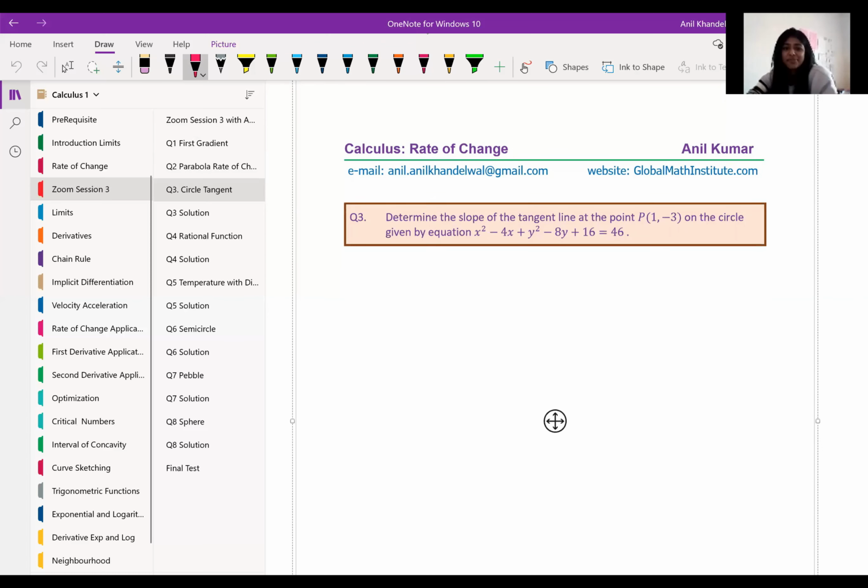So there's a general form equation for a circle, which I saw in one of your videos, and I got that as, so you said x minus h whole squared plus y minus k whole squared equals r squared, where h and k are the coordinates of the center of the circle and r is the radius.